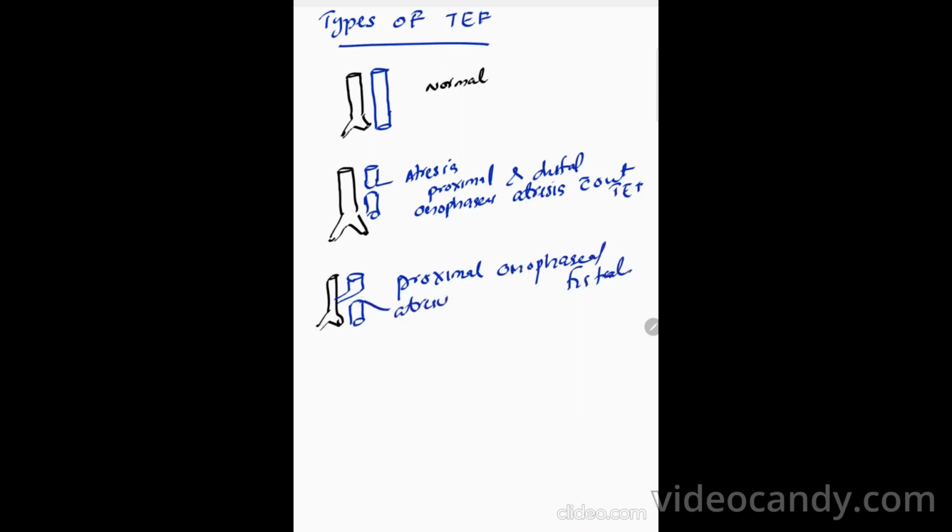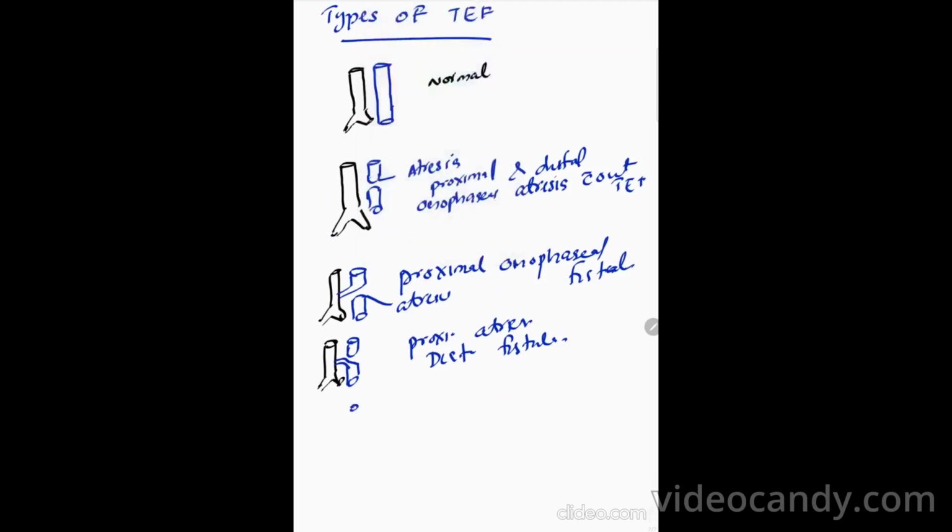Next we have the esophagus here and the trachea again, and this condition is the opposite of the above. Here we have atresia and fistula, that is proximal atresia with distal fistula.